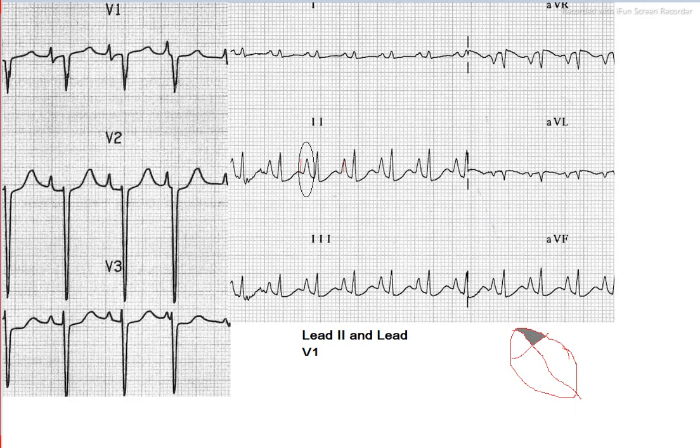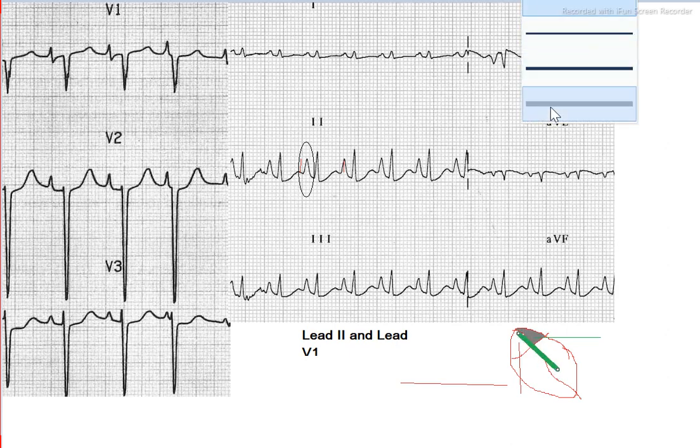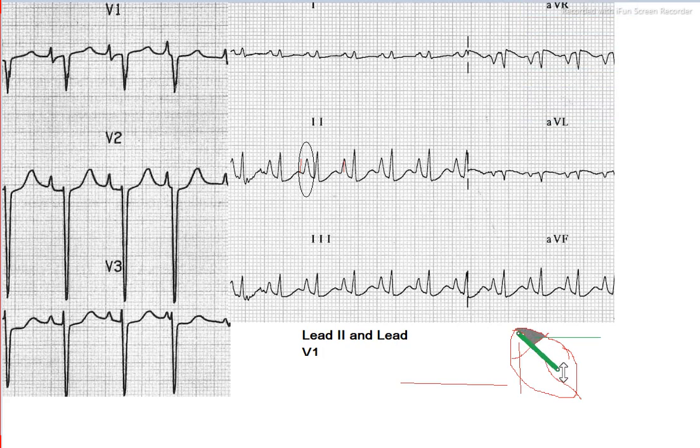So in case of lead 2, suppose this is an isoelectric line, and when we keep the right atrial vector, the right atrial depolarization vector goes from up to down in this direction, and the left atrial depolarization vector will go from right to left in this direction, and the resultant vector will be somewhere coming from here to here in this direction.